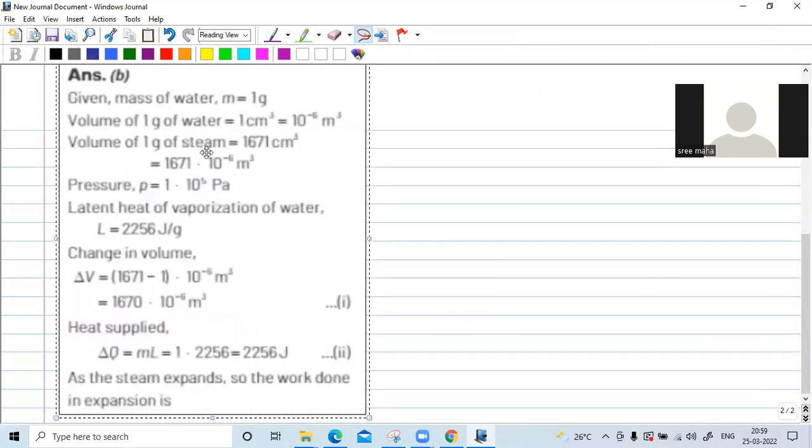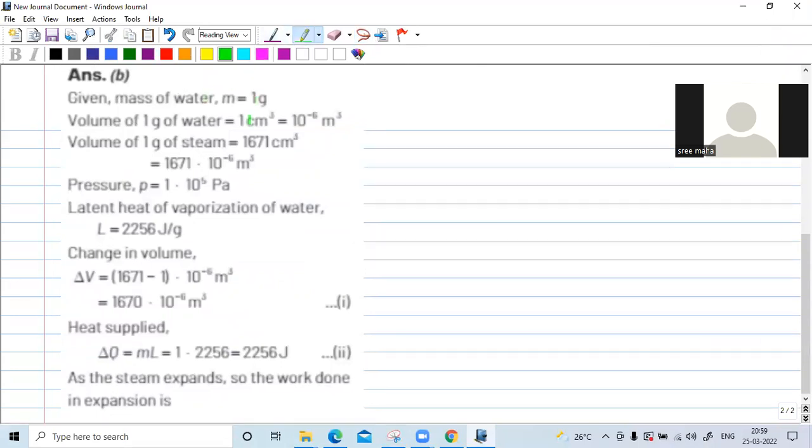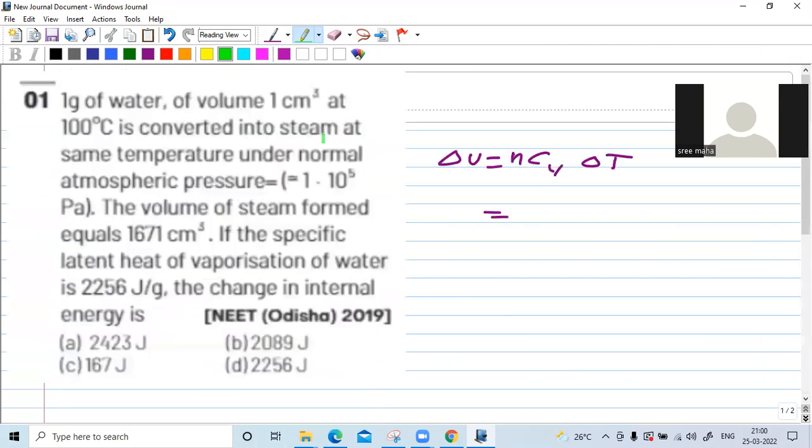So you're following this one. So there is a change in volume, no? When it was water, it is 1 cubic centimeter, and the volume has increased to 1671.